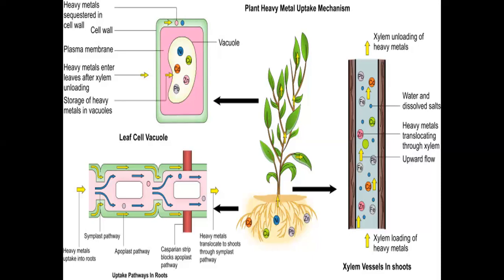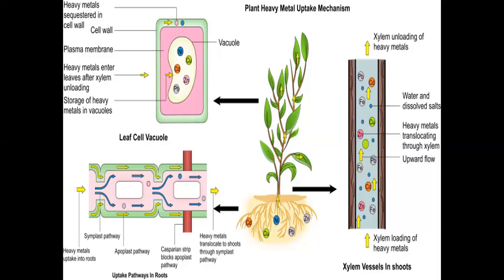The different colors show the different types of heavy metals like zinc, copper, iron, cadmium, lead, etc. And these arrows show the upward flow of heavy metals, and at the end, xylem unloading of heavy metals.